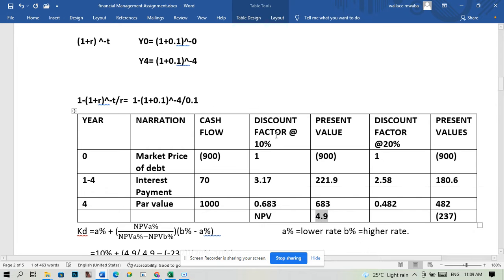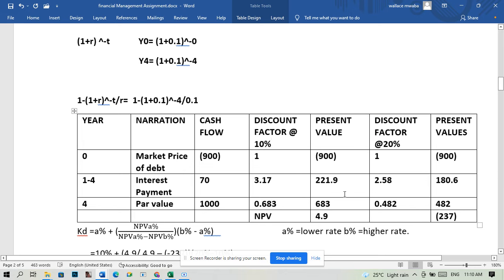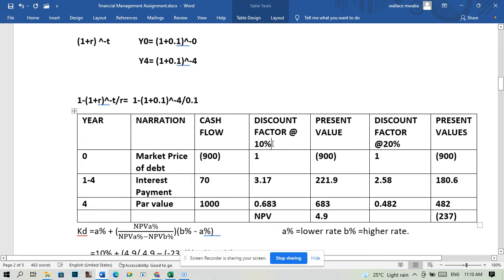Now this is where you have to pay attention. If your net present value is positive, you multiply your discount factor by 2.